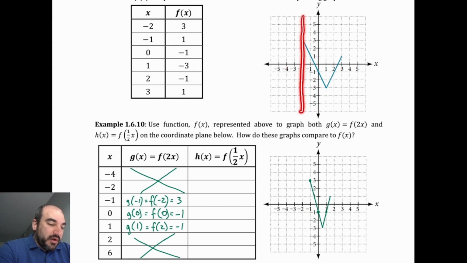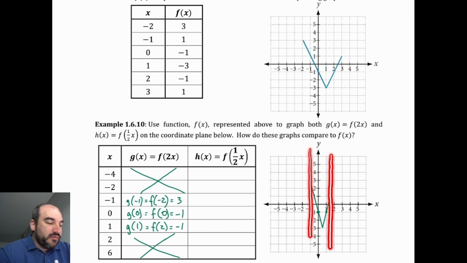Originally, our window went from -2 to +3. Now that has been shrunk down to go from -1 to +1.5, right? So horizontally, our window got cut in half, or the -2 became -1 on the leftmost point, and +3 became +1.5 on the rightmost point.